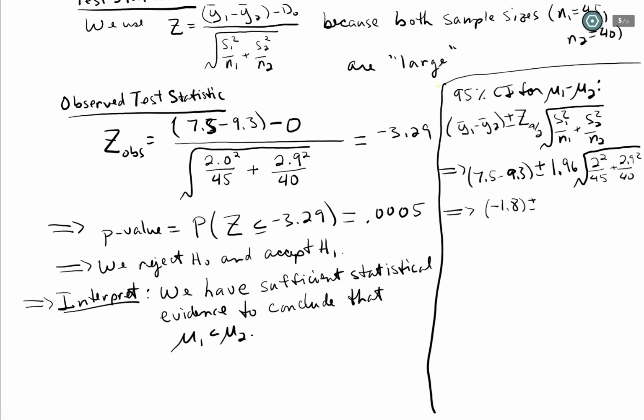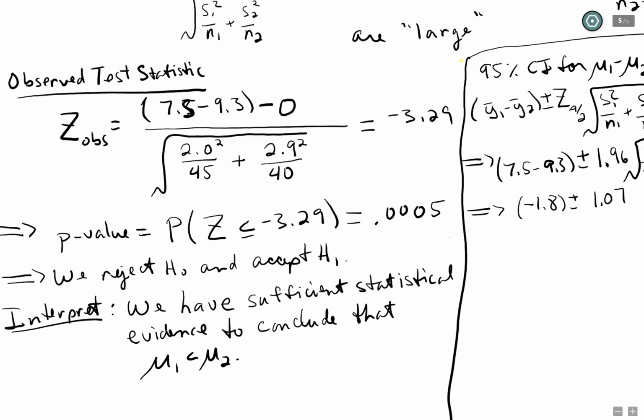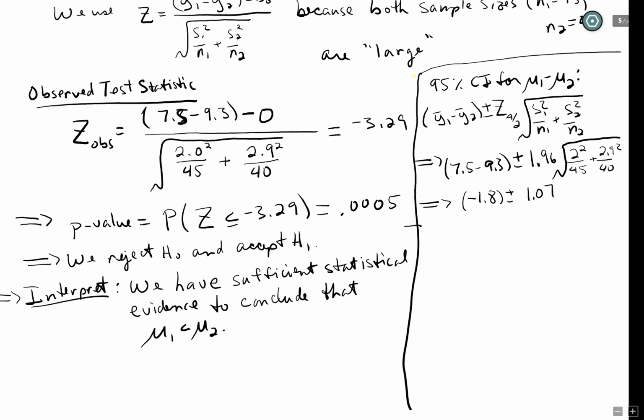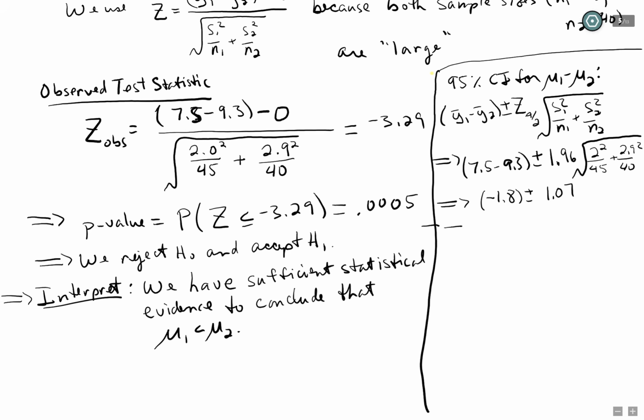The margin of error turns out to be 1.07. So let's see here. Add and subtract that to my point estimate, and you get a lower bound of negative 2.87 and an upper bound of, still going to be negative, 0.73.